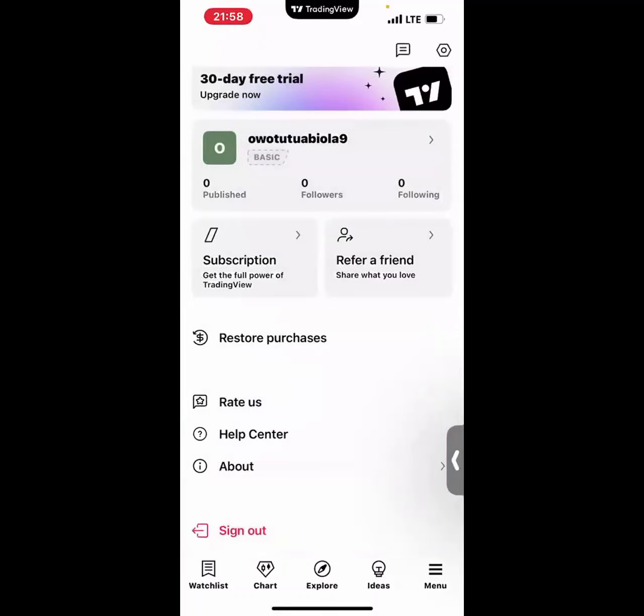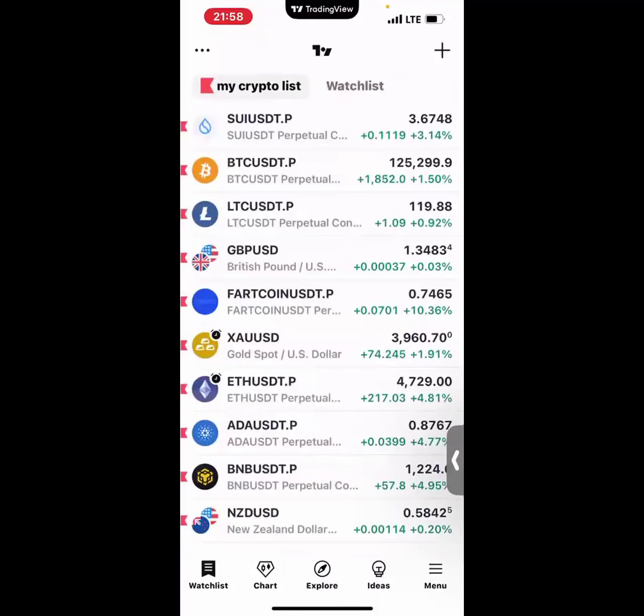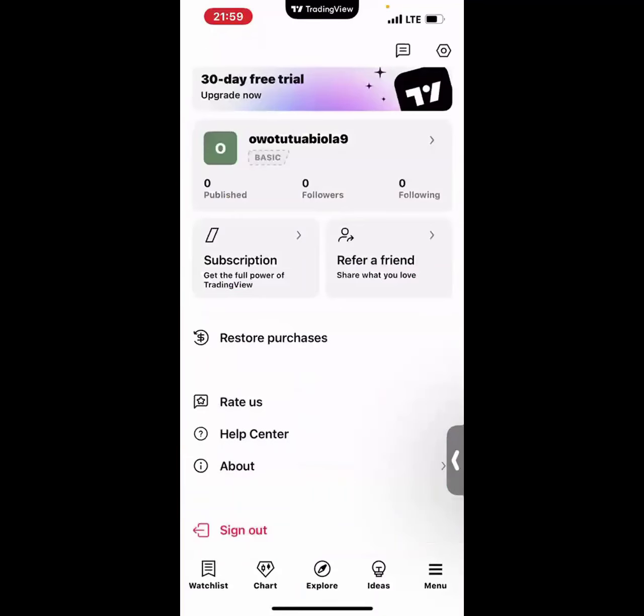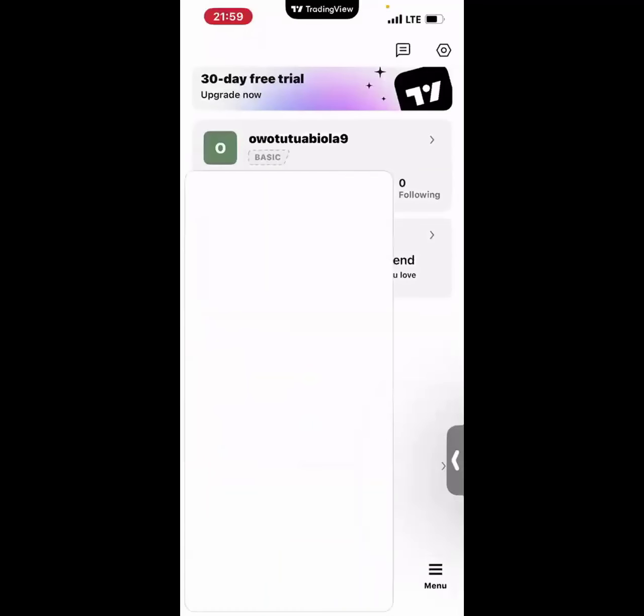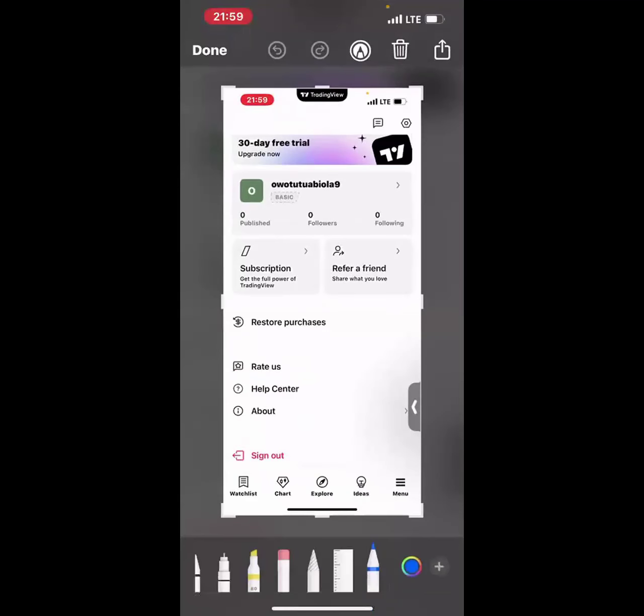If you want to put your own on light mode, you just have to click on the menu, then click on this button up here, and it will give you that interface.